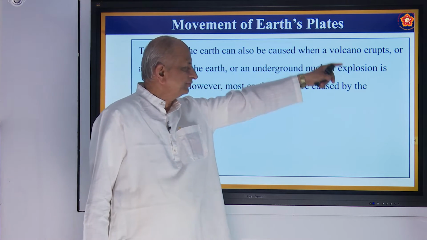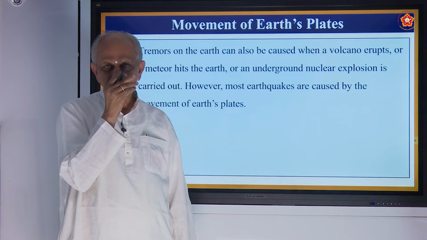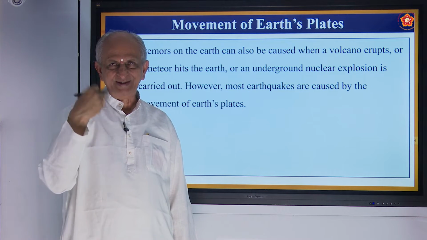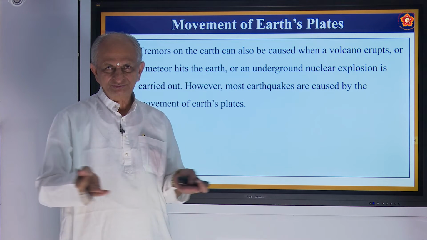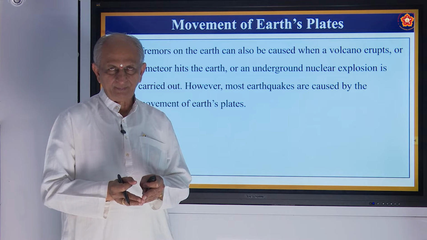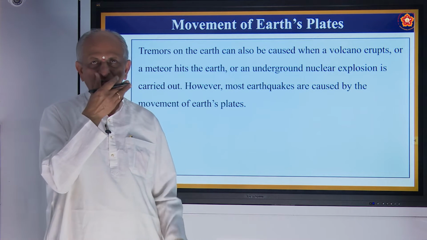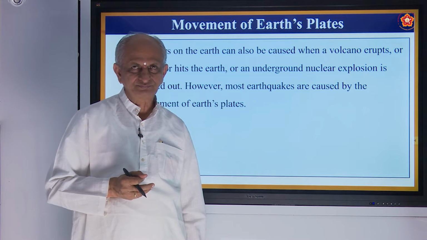So it may be brushing or colliding. Another reason is when a volcano comes up. What is a volcano? Just like when vomit comes out, similarly in the mantle, due to high temperature and pressure, the liquid inside the mantle, what is it called? Anybody knows? Magma.